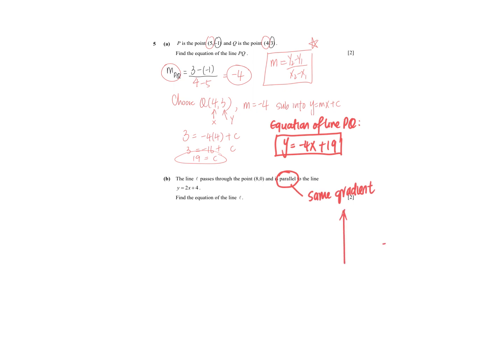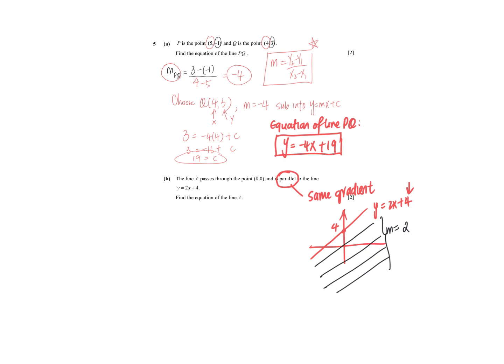For example, if this is the line y equals 2x plus 4, it cuts at 4 because of the y-intercept, right? The other line that they are talking about, the line L, could be any line you see here with the same gradient. All of these lines that are parallel to it have the same gradient.